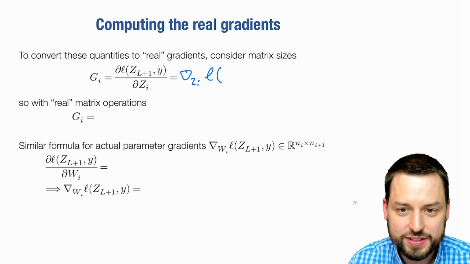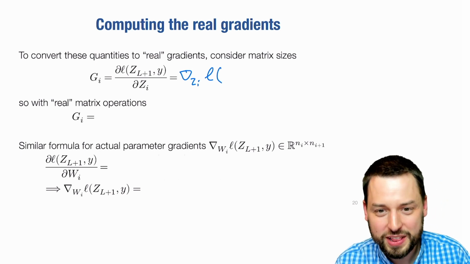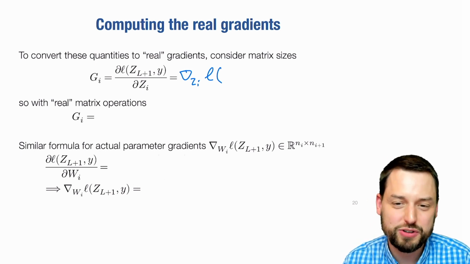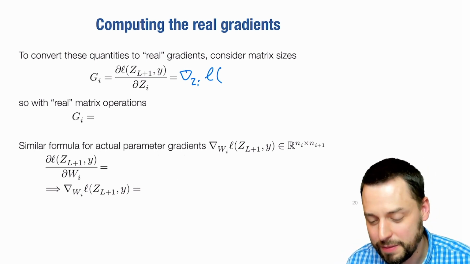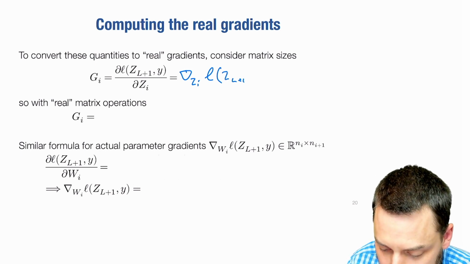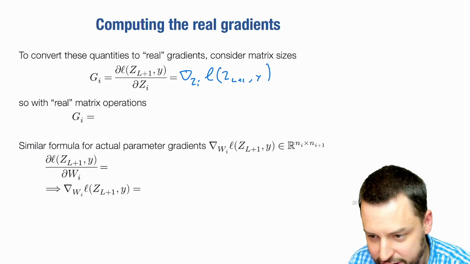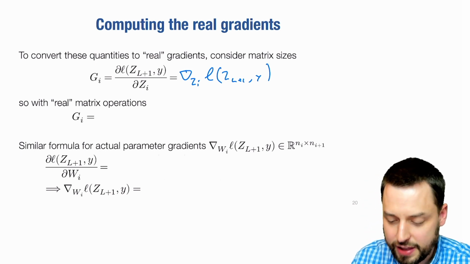When you compute these partial derivatives in the cheating way, what you're really after is the gradient. So what we're really after is the gradient of our loss, Z_{L+1} and y, with respect to Z_i. And the key point I want to emphasize here is the size of this thing.